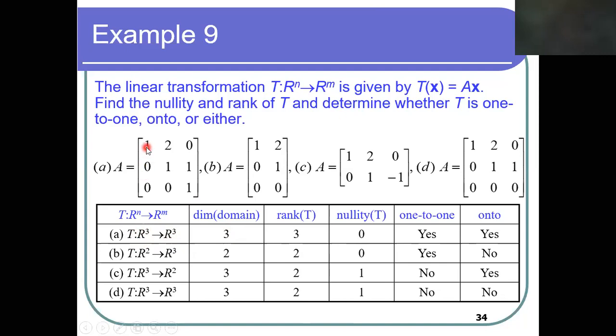If you look over here, the number of non-zero rows in this matrix is 3, so the rank of this transformation is 3.